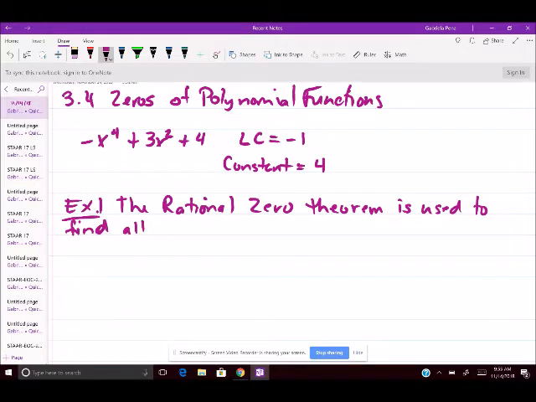It could be decimals, it could be fractions, it could be whole numbers, it could be zeros, it could be everything, right? Except for the i. Those are imaginary. And non-repeating fractions. To find all possible rational zeros. So there's this theorem called the rational zero theorem that is used to find all possible rationals.